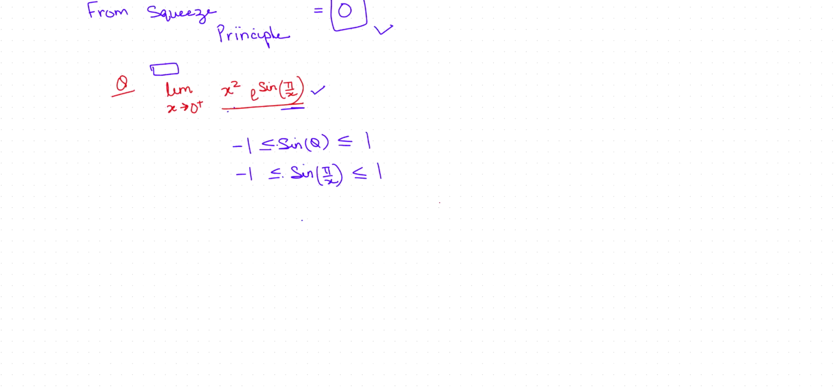Now, since we have to match this middle function with this function, we will take the exponent of all these terms. As we take the exponent of all these terms, the inequality sign still holds because we are not multiplying by a negative number. All these values are positive because the exponential function is always positive and it is increasing.